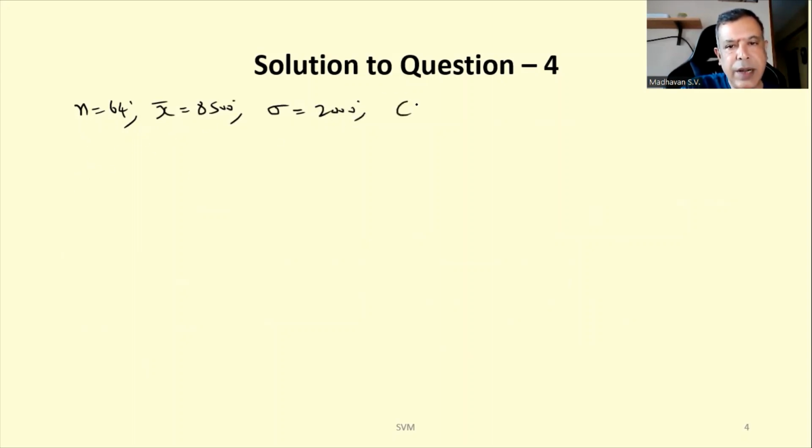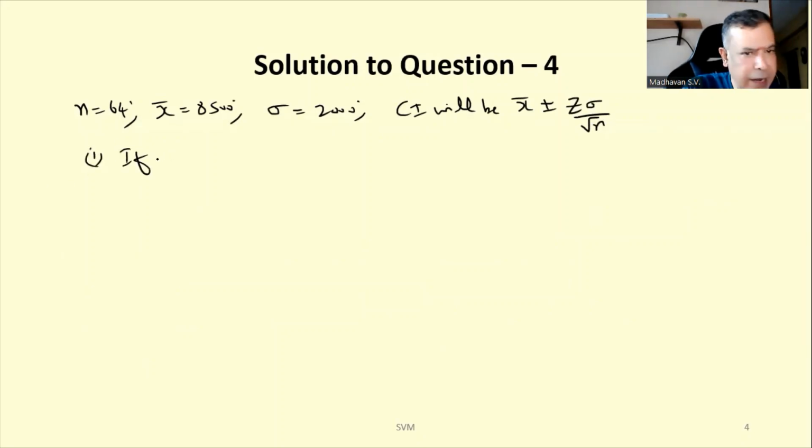So the confidence interval will be x bar plus or minus z sigma divided by root n. First, for a 90% confidence level, that is a 10% significance level for a two-tailed test, the corresponding z value will be 1.645.